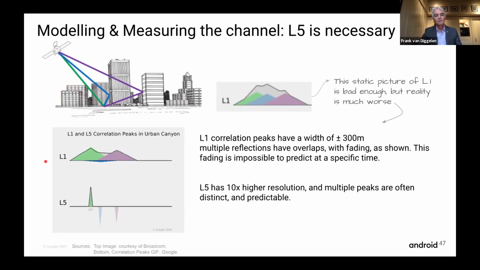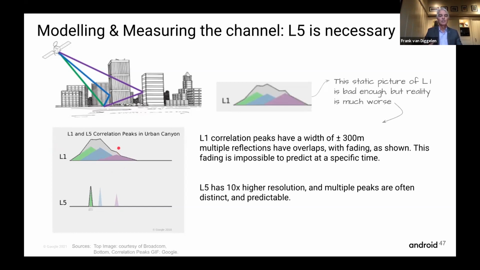And so this GIF shows you a real-time representation of the constructive and destructive interference between these overlapping non-line of sights from a single satellite. And so what you can see is that it's actually impossible to predict at a specific time what the receiver should be measuring. Because at this moment, it'll be measuring the signal here, and a few seconds later, it's going to be measuring something 200 meters away.